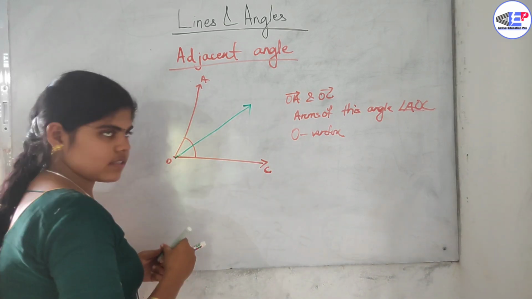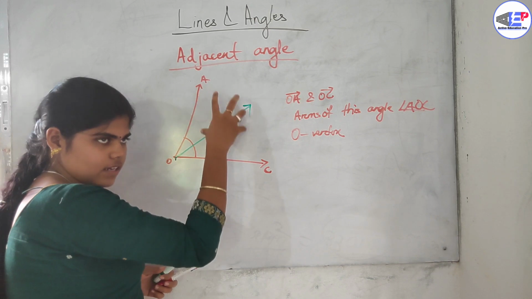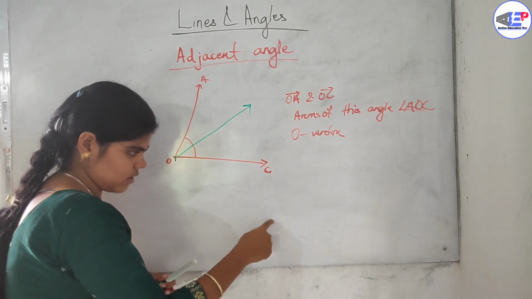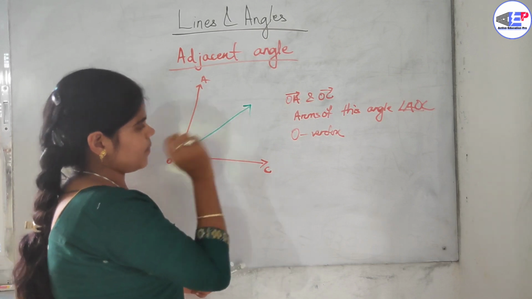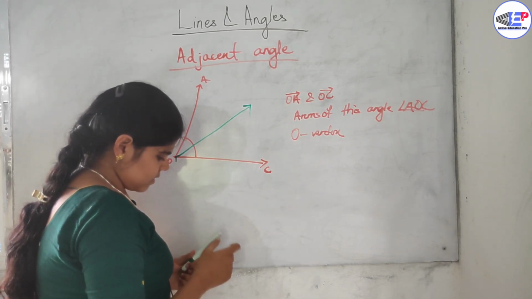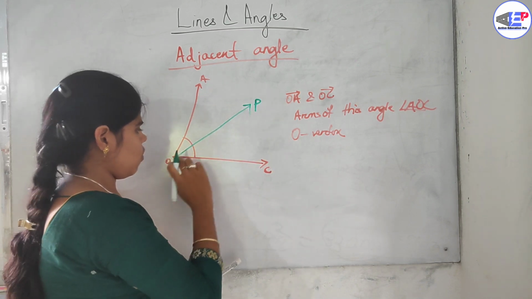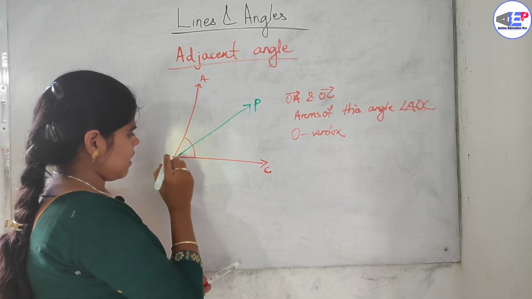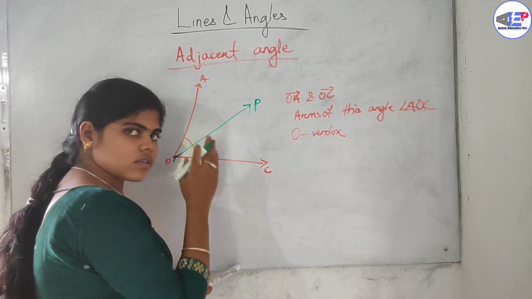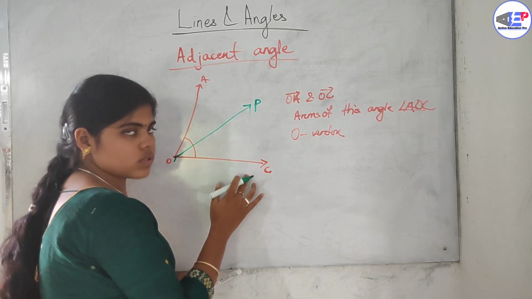Suppose there is another ray inside this angle. This is the interior area of this angle, and this is the exterior area. Inside the interior area, there is another ray, and suppose its name is P. Now OP is another ray, and O is the common point for OA, OP, and OC.